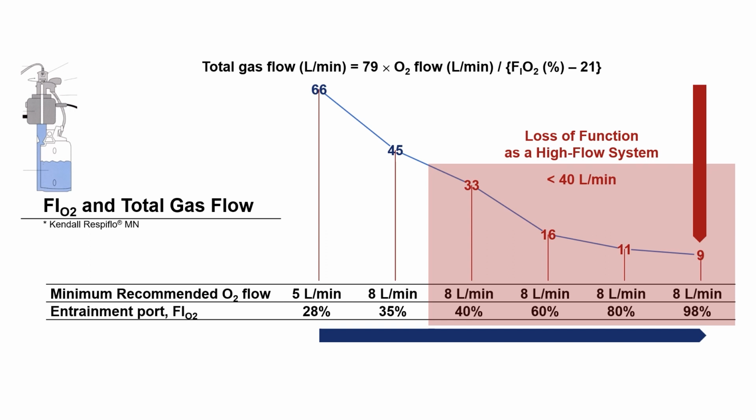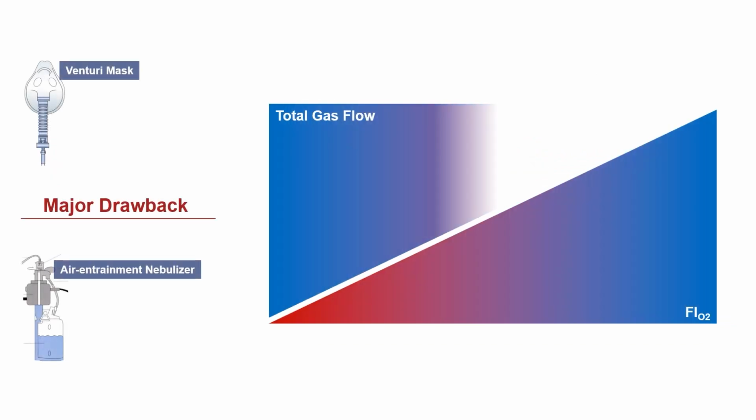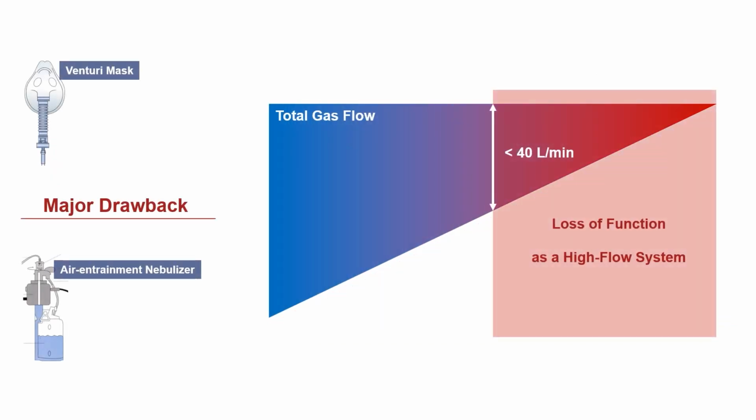The total gas flow decreases to less than 40 liters per minute, thus losing its function as a high-flow system. This limitation is a significant issue in the clinical use of Venturi masks and air-entrainment nebulizers. There was no adequate solution until the advent of the high-flow nasal cannula.